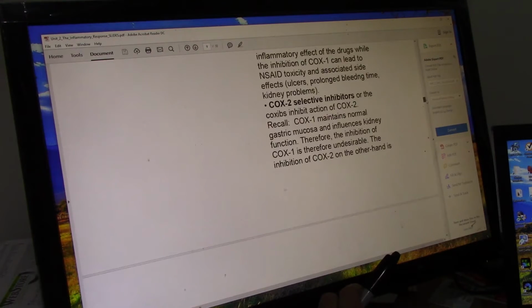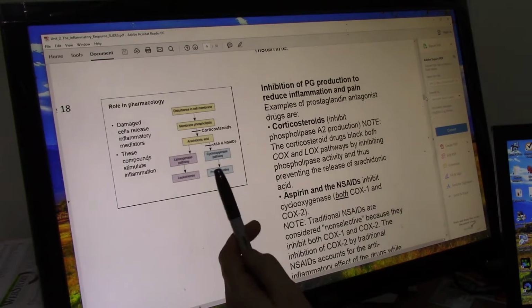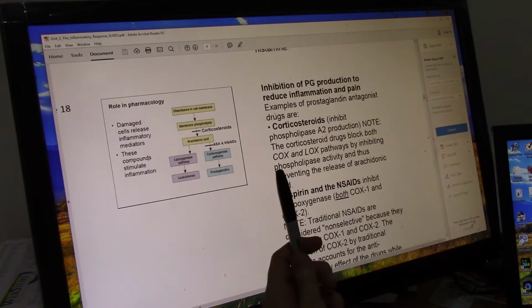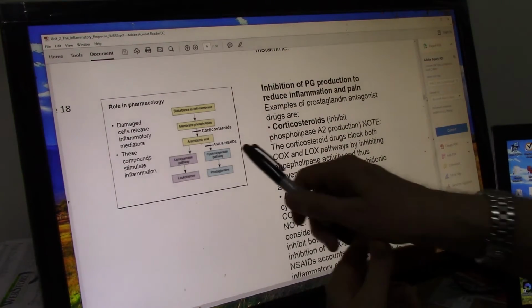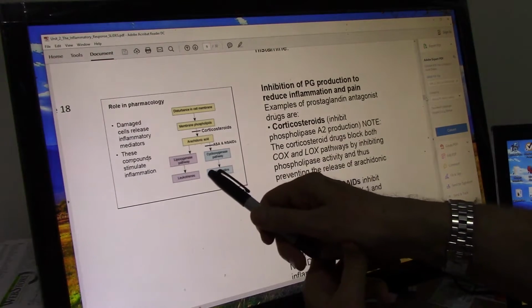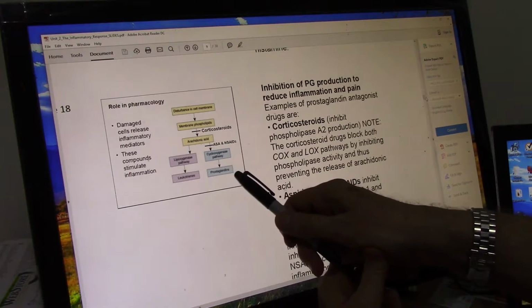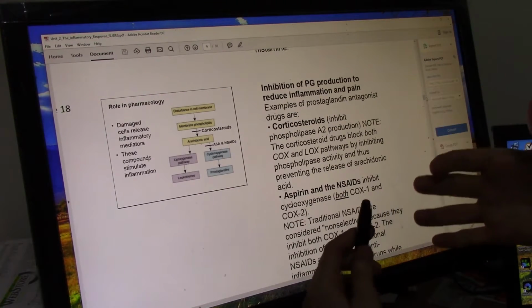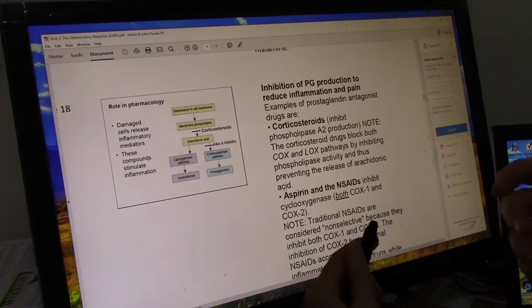Now, something else, just to give you a heads up here, prostaglandins also contribute to platelet activation, and when you give somebody an aspirin, that's going to block the prostaglandin production, and aspirin also will render platelets ineffective.